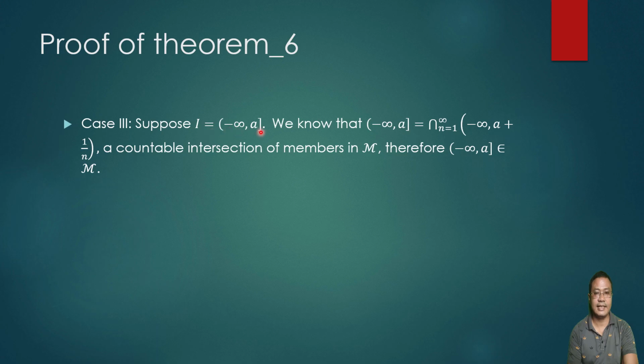We know that this can be written as a countable intersection of the intervals minus infinity to a plus 1 upon n. Each member of this intersection is in M, therefore the intersection will also be in M, since M is closed under countable intersections.